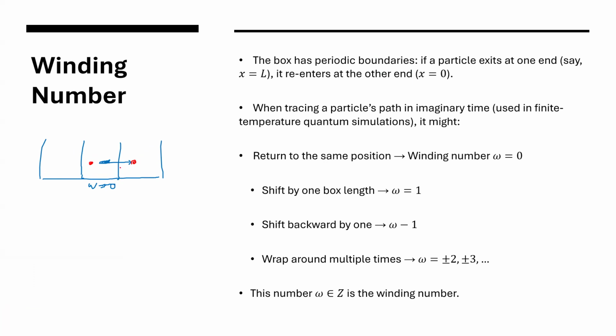Let's say the distance over here is d, then this distance is d. We can use these winding numbers to understand how many times it is winding around this period within this unit cell.